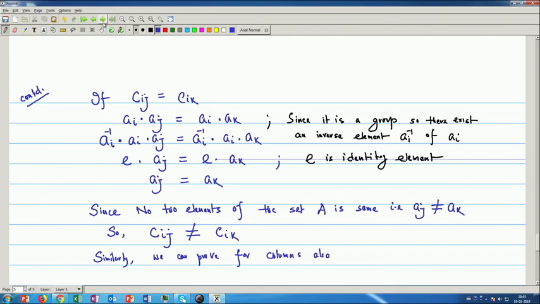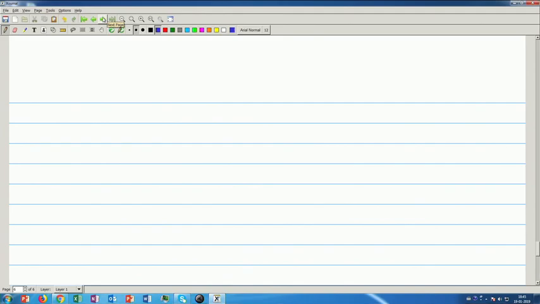Now, as we have defined the cyclic monoid, here also we can define the cyclic group.